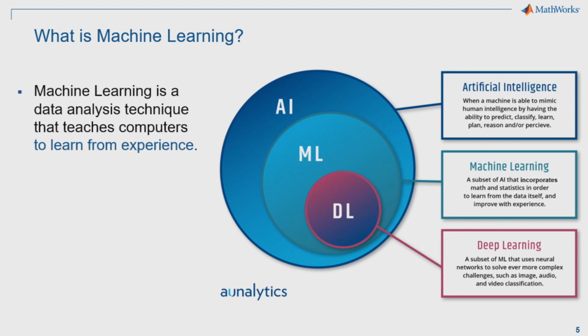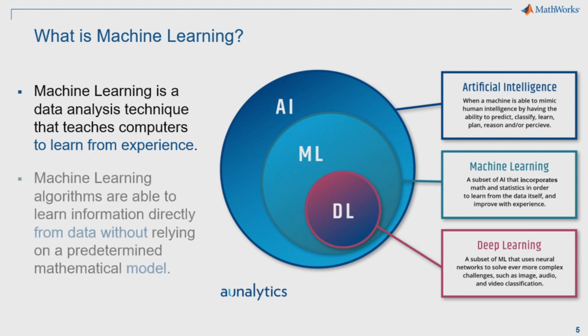In particular, we want to learn from experience. From the picture you can also see that a subset of machine learning, which is maybe even more famous than machine learning, is deep learning. Deep learning is a set of machine learning techniques which typically employs neural networks to learn from experience directly from data, without one having to add their own knowledge to the variables that are employed in our data set.